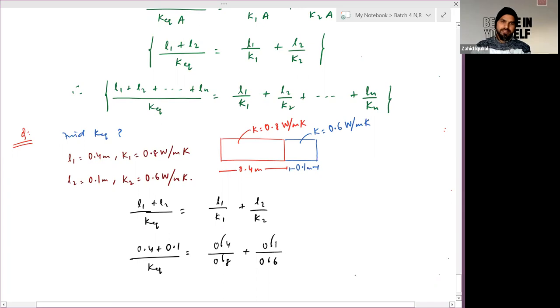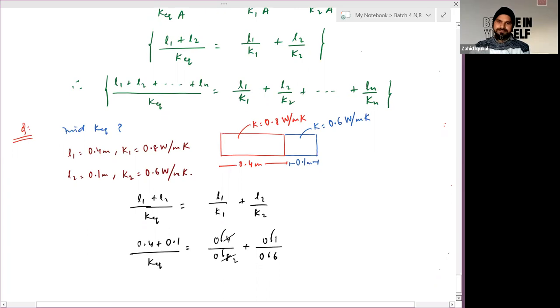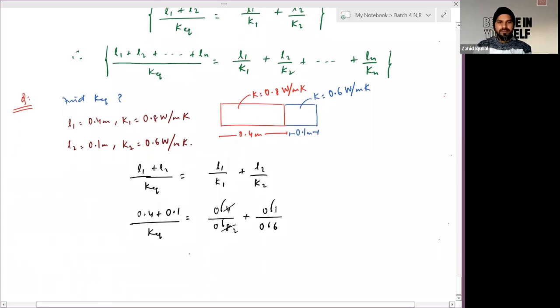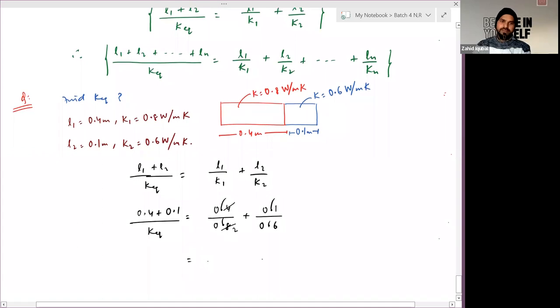So this decimal and this decimal will cancel out. This part and this part will cancel out. 4 in 2 times will be equal to 8. Now, if you take the LCM of this particular term, you will get 6. 3 plus 1. 0.4 plus 0.1 will be 0.5 divided by K equivalent.